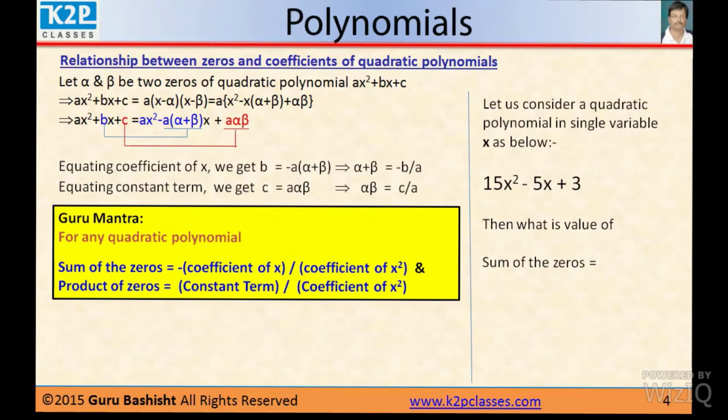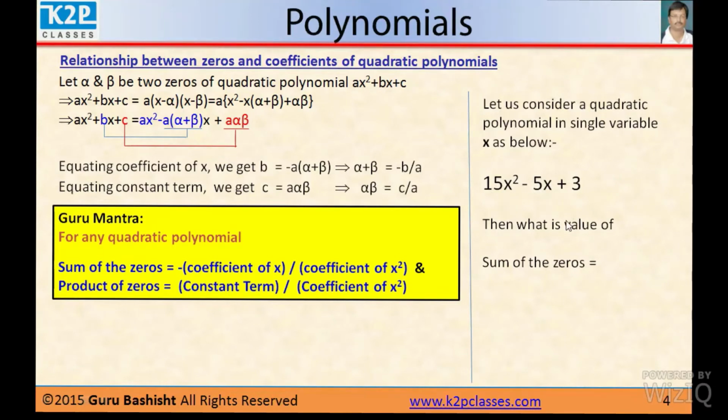Let us consider a quadratic polynomial in single variable x as below: 15x square minus 5x plus 3. Then what is the value of sum of zeros? From here, the sum of zeros is minus b by a. Here b is minus 5 and a is 15.